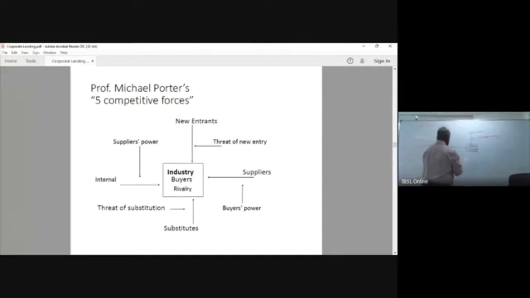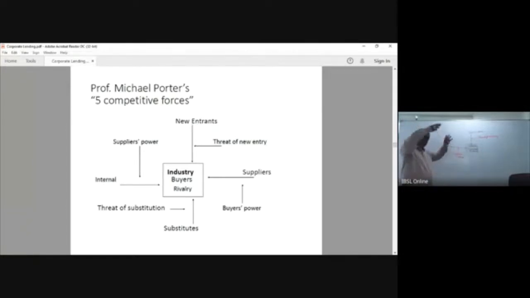So here, suppliers. That is what we call suppliers power. Suppliers power, what does it mean? Suppliers are also another force creating the competition within the industry.